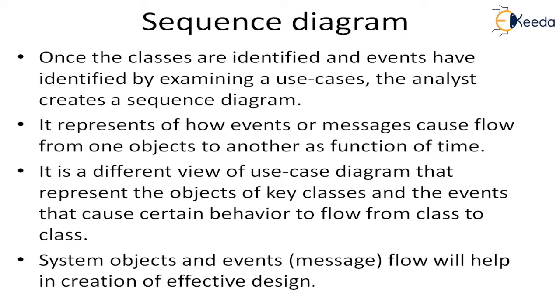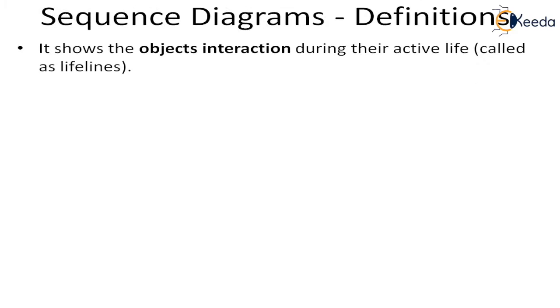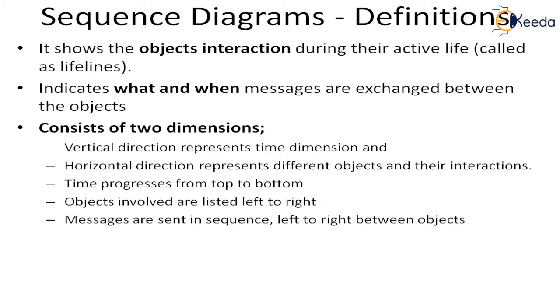And this event flow or the message flow will help in the creation of an effective design, because we are able to see how the objects are interacting based on the message flow. So let's look at some of the definitions. It shows the object interaction during their active life, called the lifeline.